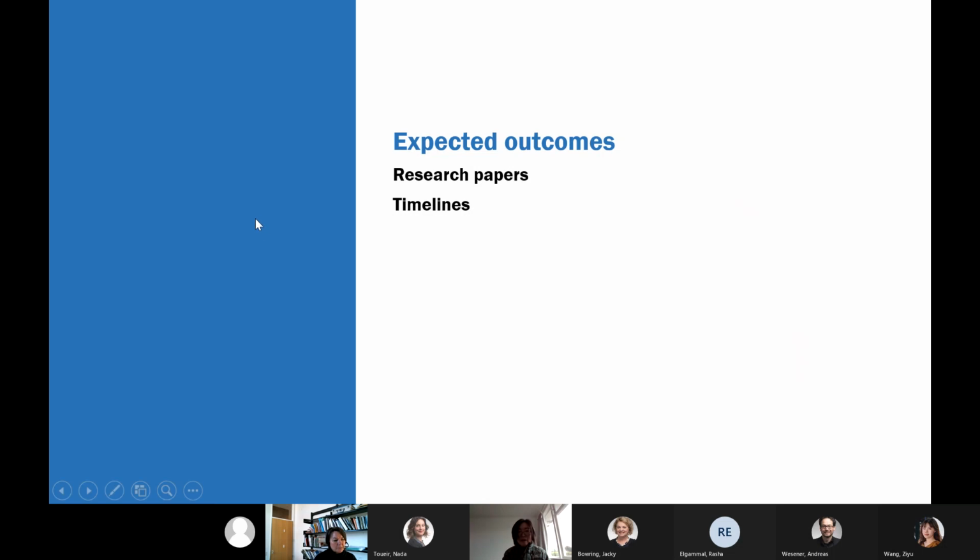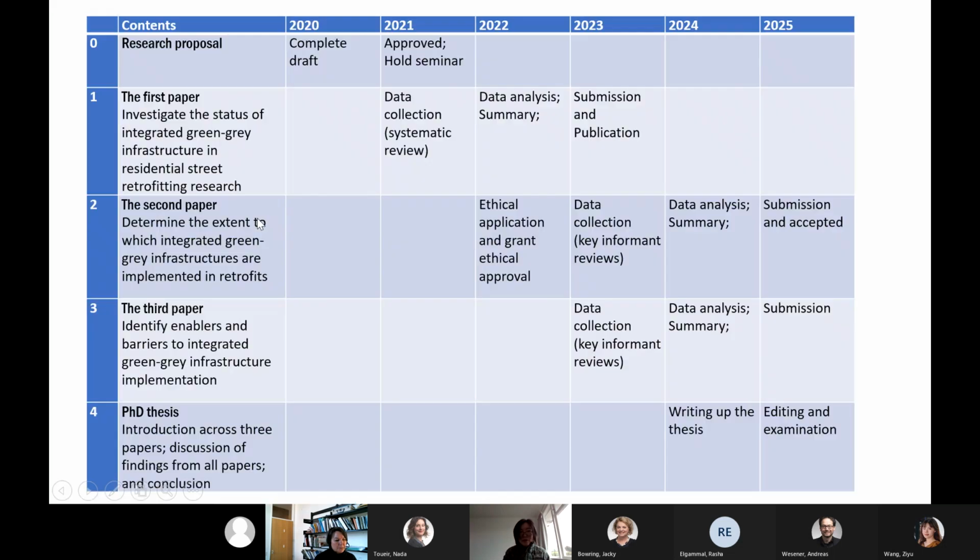The expected outcomes will include 3 research papers and 1 PhD thesis. The first paper will help me answer research question 1. The second paper will help answer research question 2. The third paper will identify enablers and barriers for their implementation and answer research question 3.